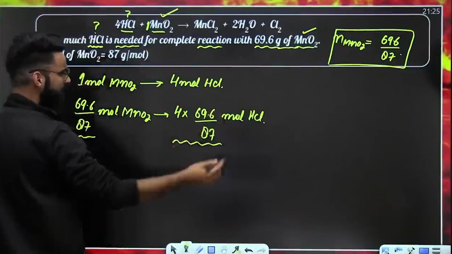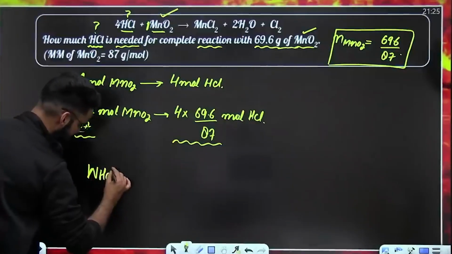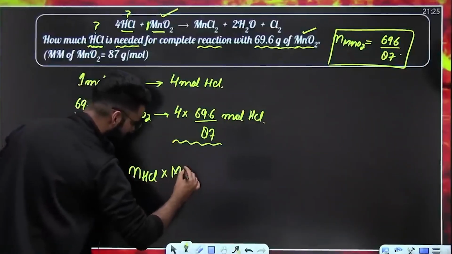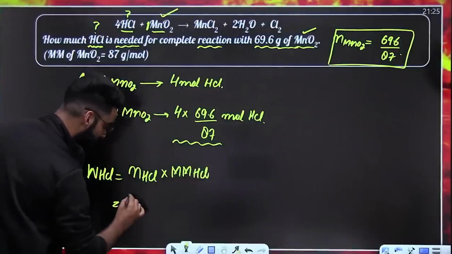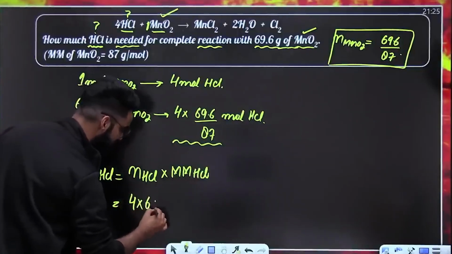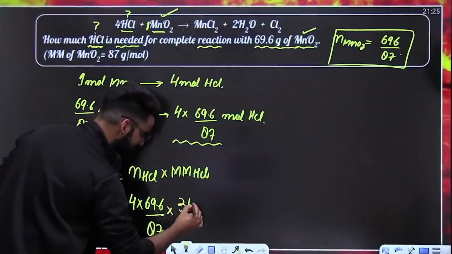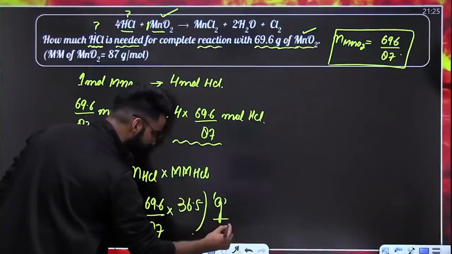But was I supposed to calculate the moles of HCl? No. I was supposed to calculate the mass of HCl. So mass of HCl is going to be moles of HCl multiplied by molar mass of HCl. Moles of HCl we got as 4 multiplied by 69.6 divided by 87, multiplied by the molar mass of HCl, which is 36.5. Just solve it and this is going to be the answer of the question.